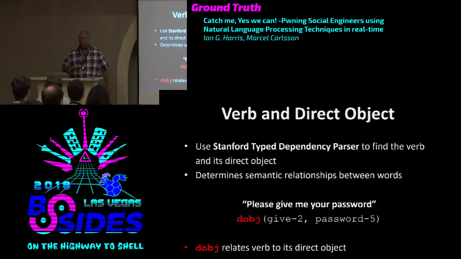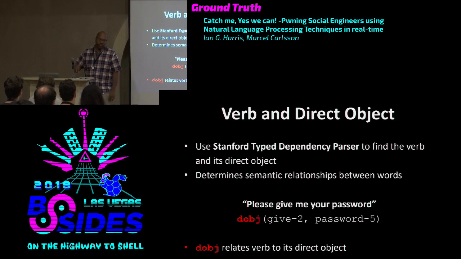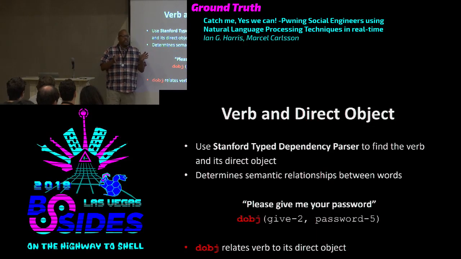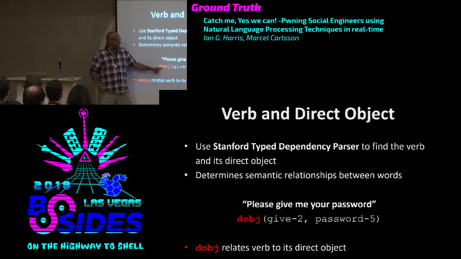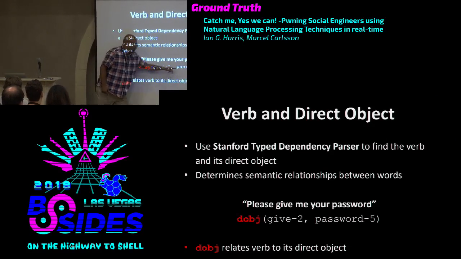So, how do we find the verb direct object in a sentence? We parse the sentence, and again, we're using Stanford Parser. They have a type dependency parser, and that thing is actually very cool. It tells you the semantic roles of the words in the sentence. Specifically of interest to us is DOBJ. If I said, please give me your password, the parse would tell us DOBJ, direct object, give password.